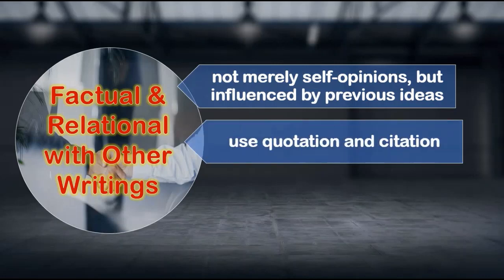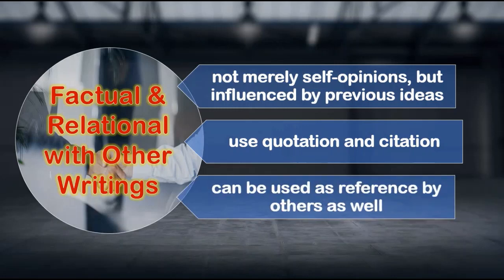Therefore, when using someone else's ideas in your writing, you have to include the quotation and citations correctly. And later in the future, this academic writing might be beneficial for other writers. They might quote and cite your writings. That's why what you have written down must be relevant and accurate.